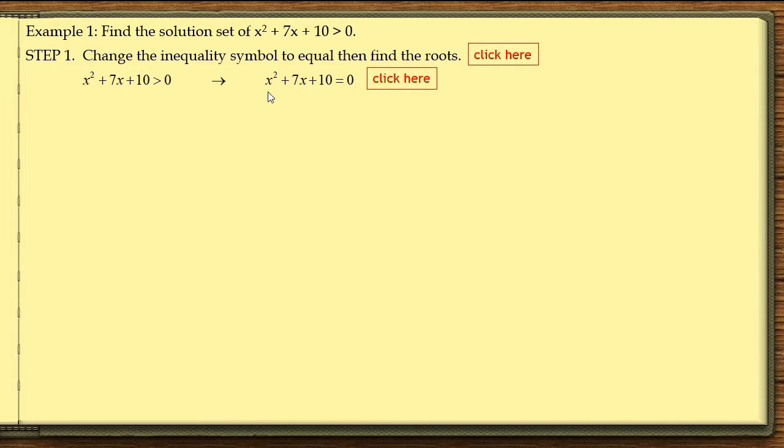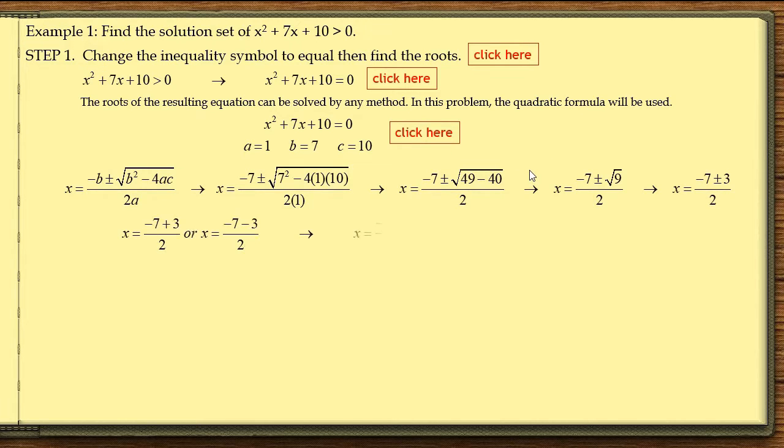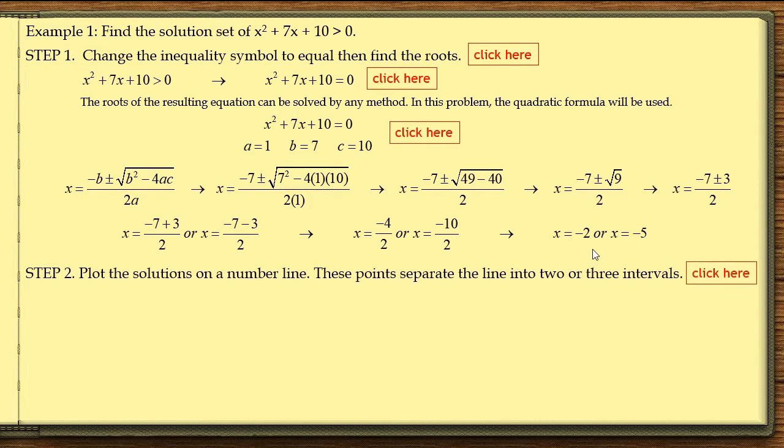So we will have x squared plus 7x plus 10 equals 0. And then we will find the solution or solutions of the quadratic equation. You can use any method that you want, but in this problem, I will be using the quadratic formula. And the value of x is negative 2 or negative 5.